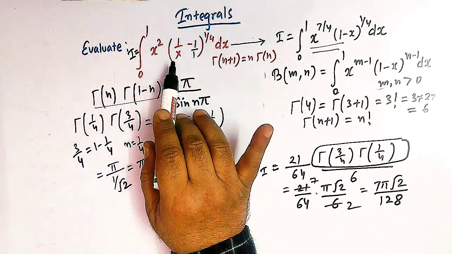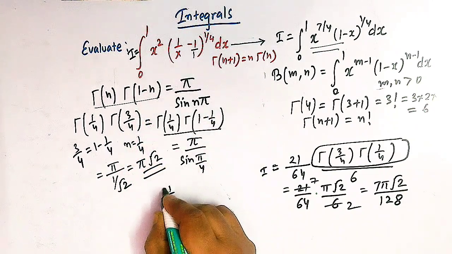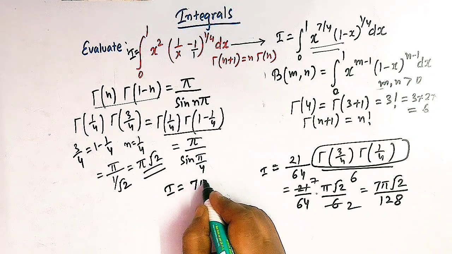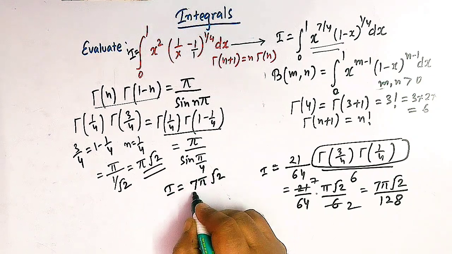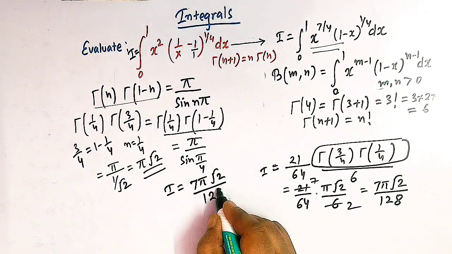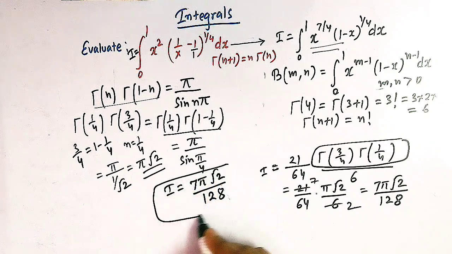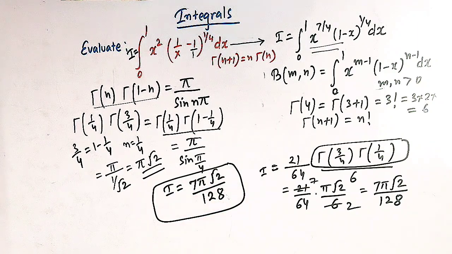So here's the value of this integral: I is given by 7 pi square root of 2 over 128. So this is how, by making use of the concept of beta and gamma functions, which are also known as Euler's integrals, we can find out the values of these types of integrals.